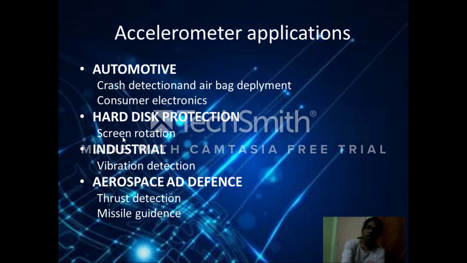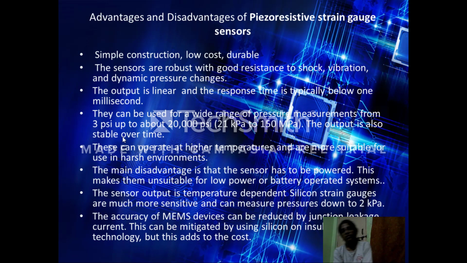Now let's go to the advantages and disadvantages of the first kind, the piezoresistive strain gauge sensor. Simple construction, low cost and durable: these are the main considerations we have to consider when selecting an electronic device for our applications.